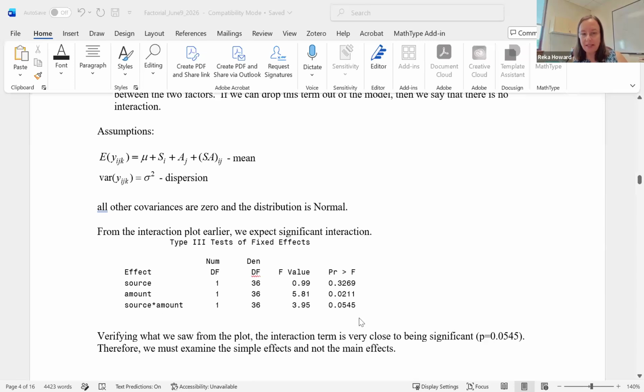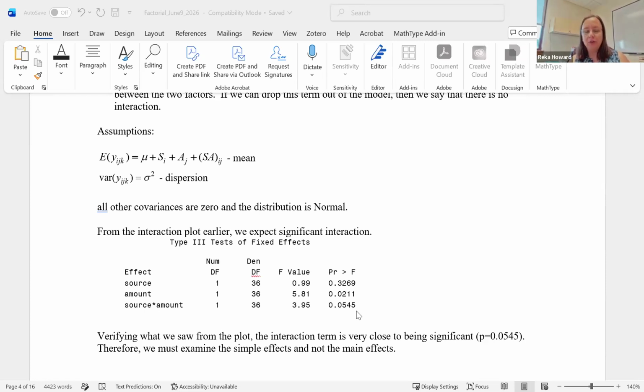As you can see, this last column represents the p-values associated with the effects. So the interaction, the source by amount, is 0.05. And this is actually very good because this is where we say, okay, if my magic number, the alpha level, is 0.05, is this significant or not? Because it's greater than 0.05, technically speaking.